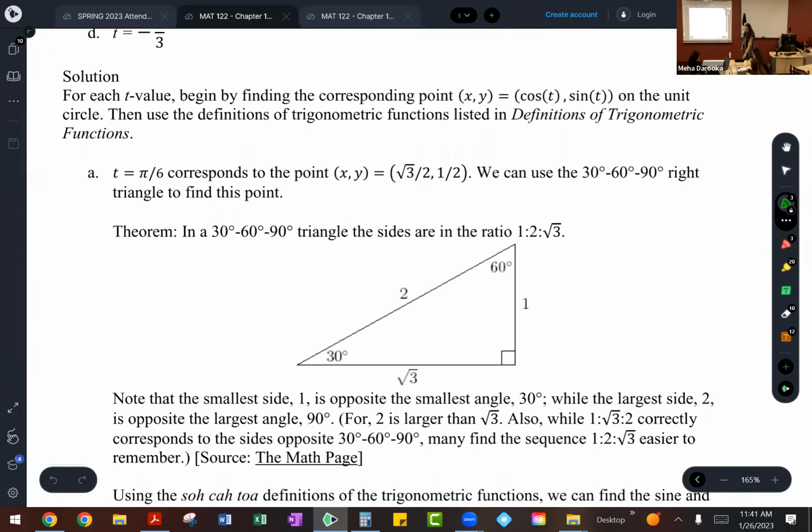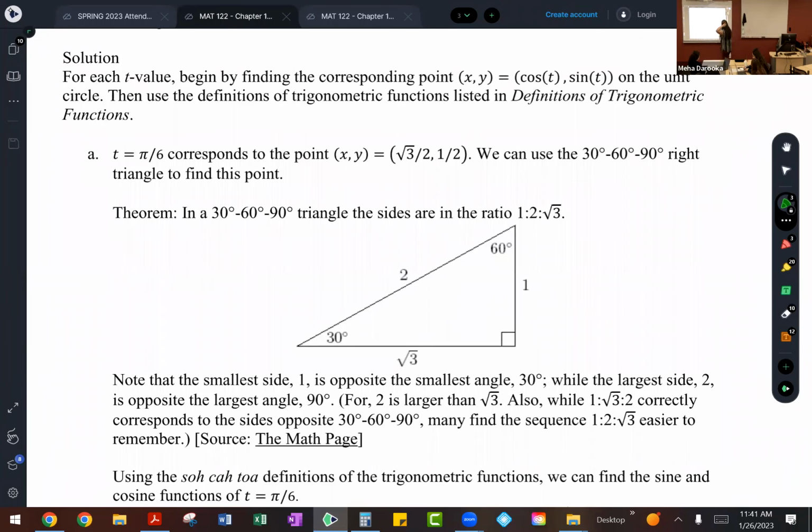This is something we should talk about at this point: when we're talking about these coordinates for x and y, they actually start representing those trig functions we were talking about. So the x coordinate actually represents your cosine function at that value of t, and your y coordinate represents the sine function.